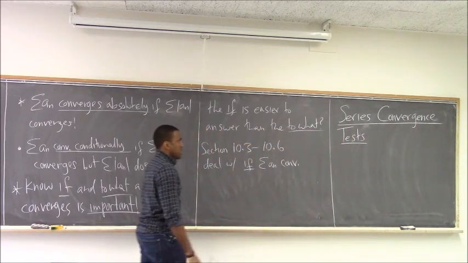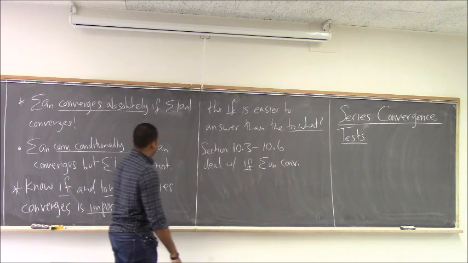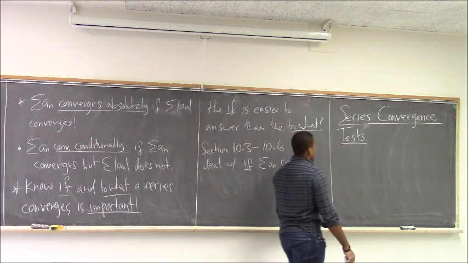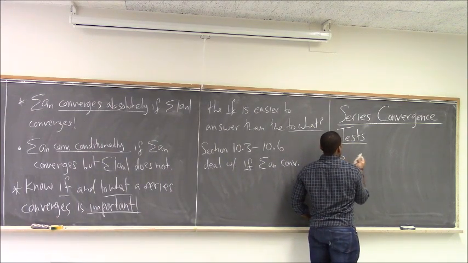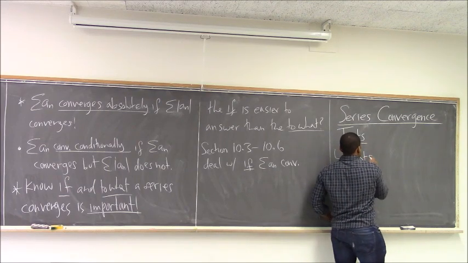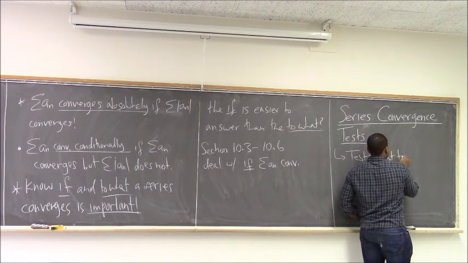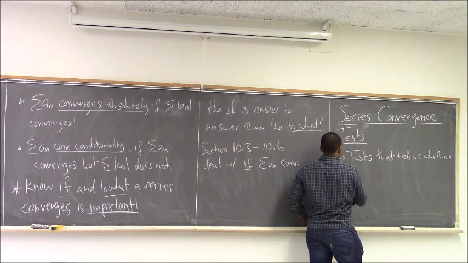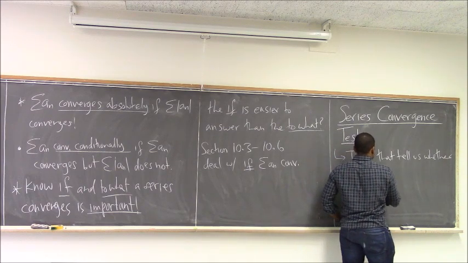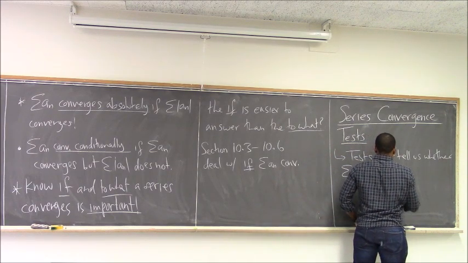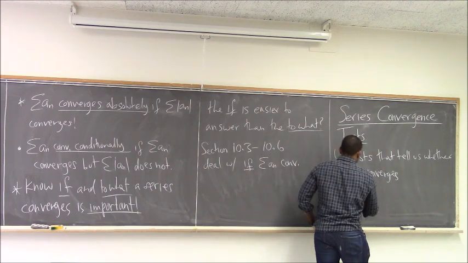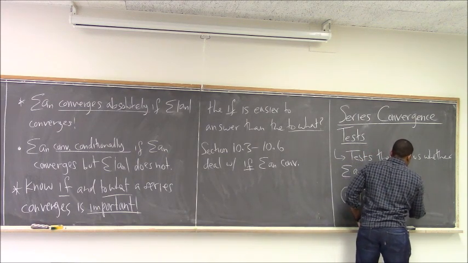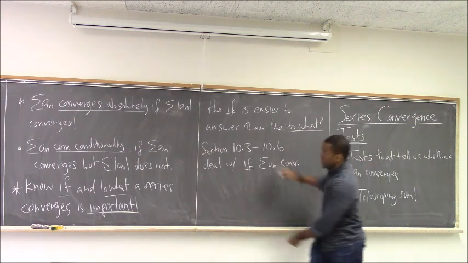There are going to be about 9 or 10 of them. I think it should take 2 classes, might spill into a third. So this is a test that tells us whether a_n converges. And test 0 is the telescoping sum. So let's move on to the others. Test number 1.